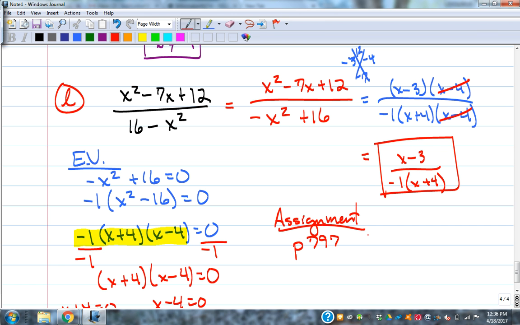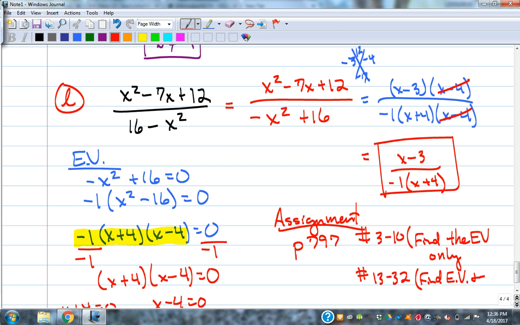It's page 797. Let's do 3 through 10. On those 8 problems there, just find the excluded values only. And then on numbers 13 through 32, find the excluded value and simplify.